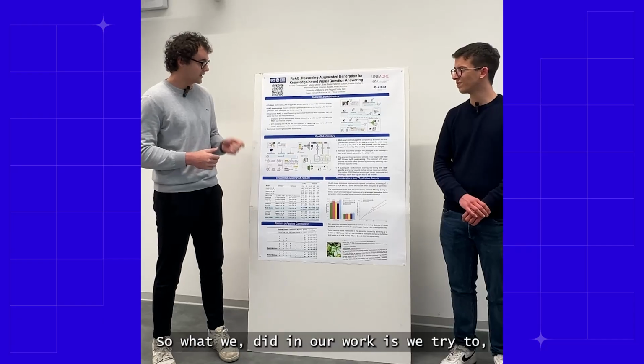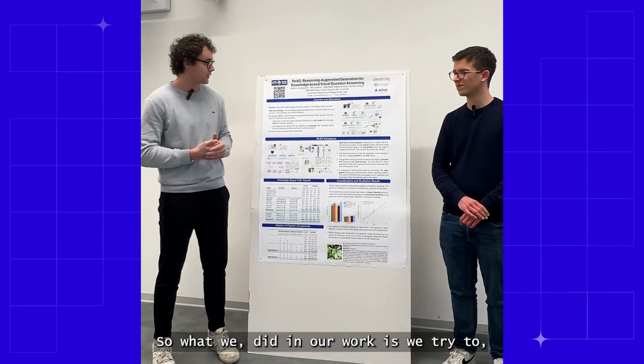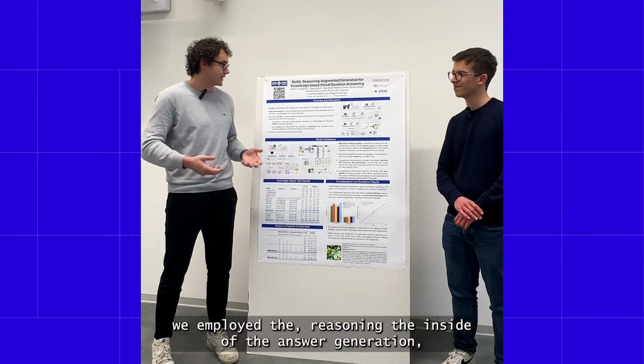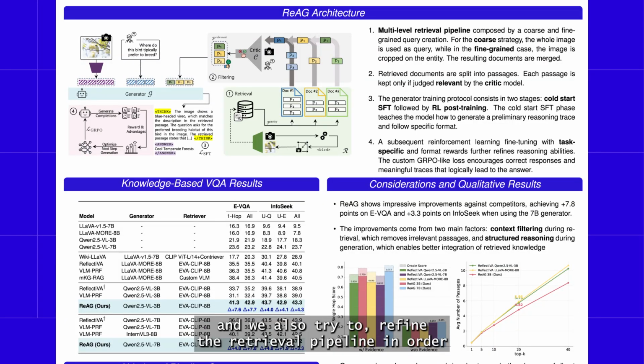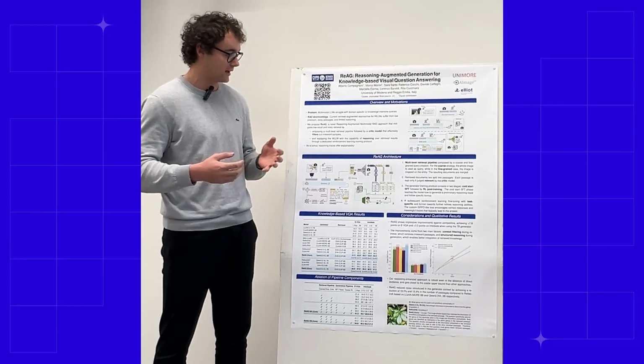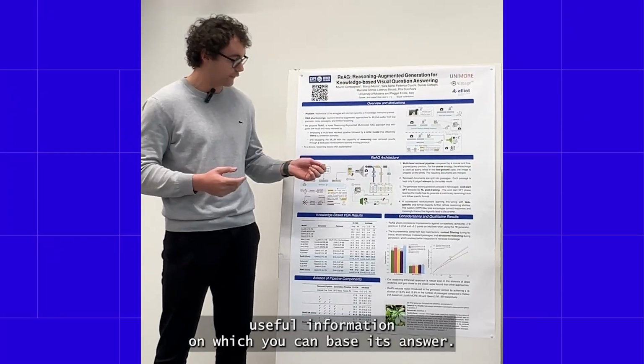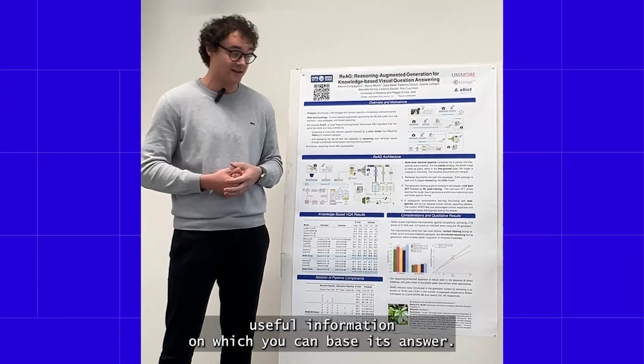So in our work we employed reasoning inside the answer generation, and we also tried to refine the retrieval pipeline in order for the generator model to have much more useful information on which it can base its answers.